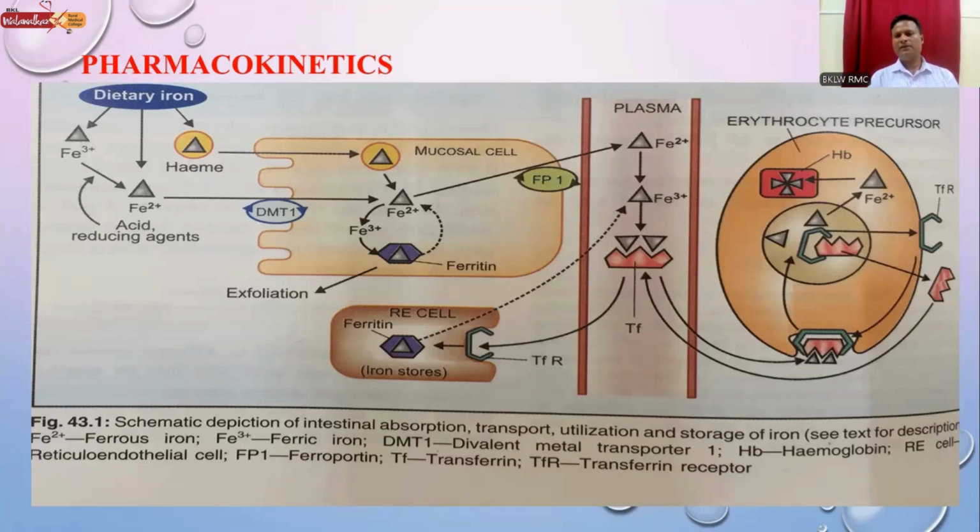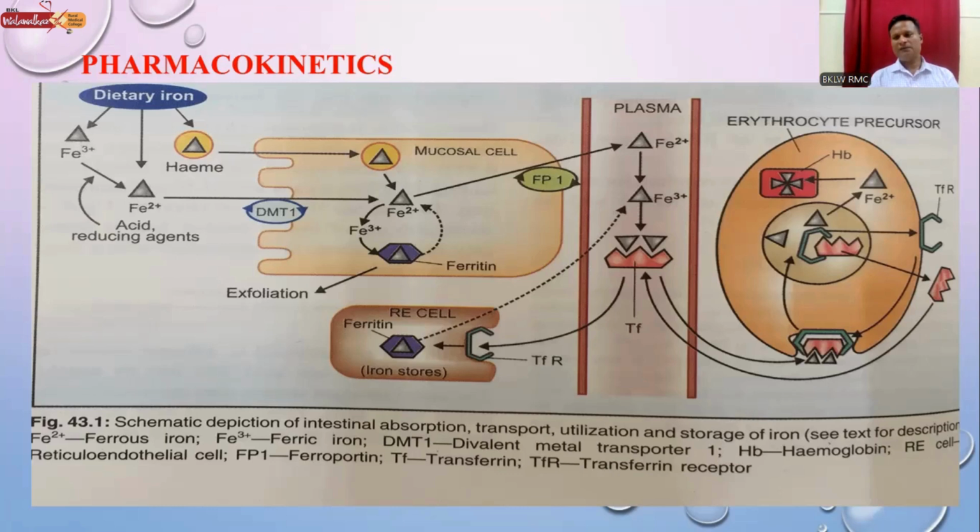Whenever the demand of iron is more in bone marrow cells which are forming RBCs, that is in erythrocyte precursors, at that time transferrin receptors are more expressed on such precursor cells, and they readily bind to this transferrin bound to ferric moieties. Once they are bound to transferrin receptors, the receptor and this complex is endocytosed.